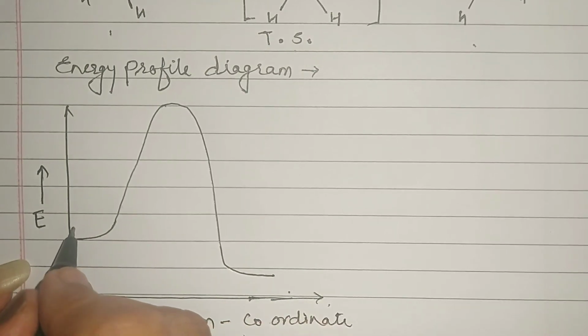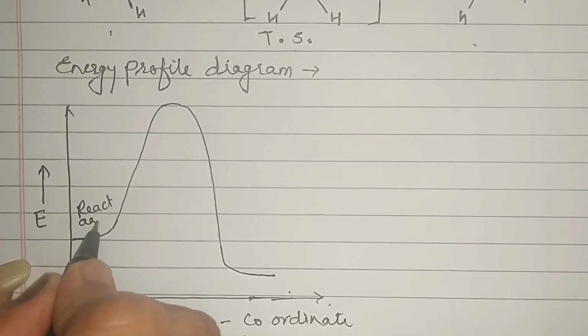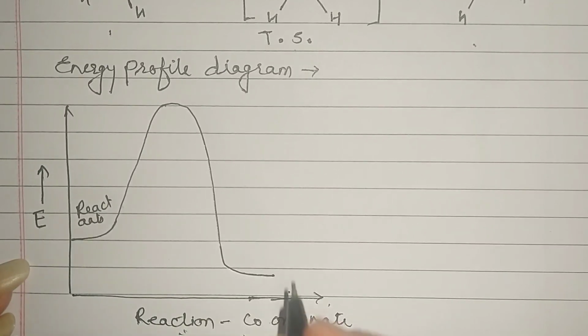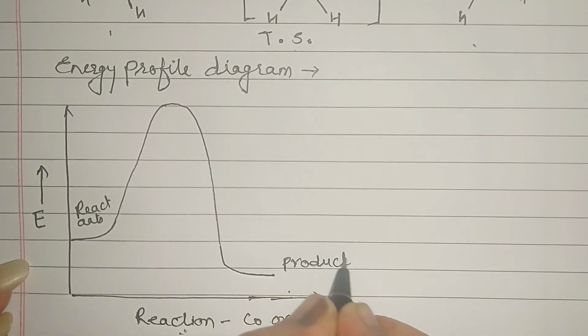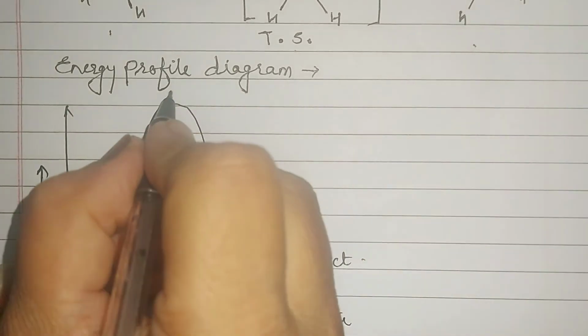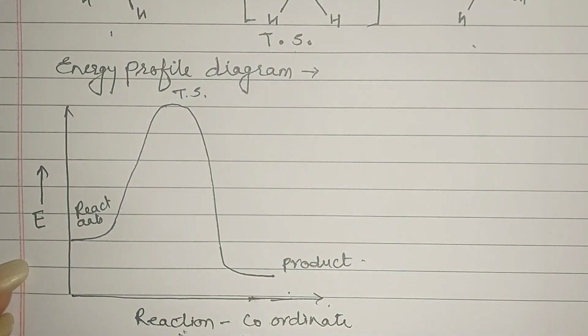Here reactants are there, here product is formed, and at the peak of this graph is the transition state.